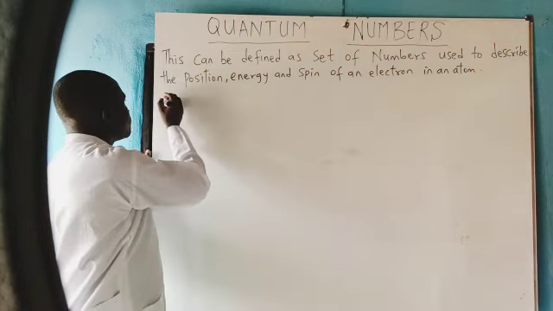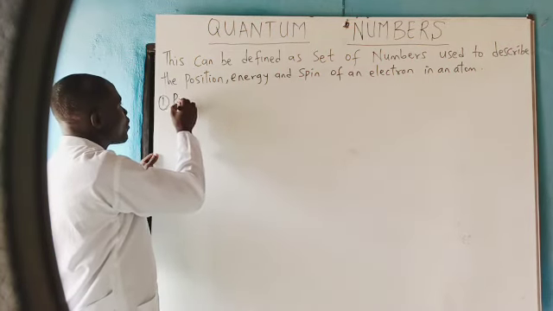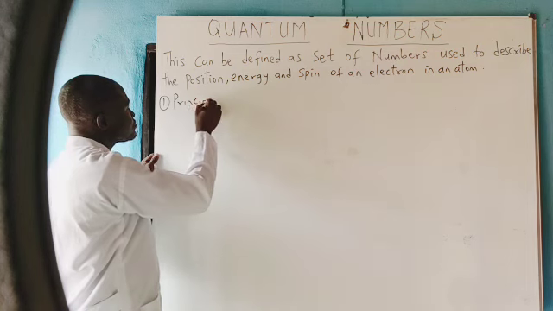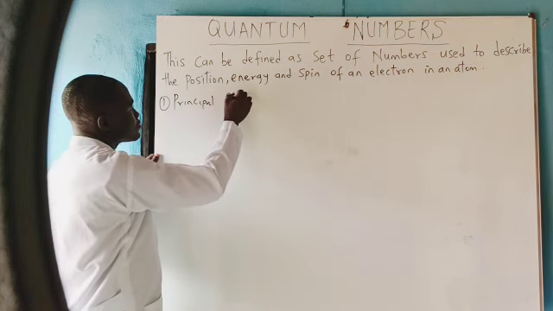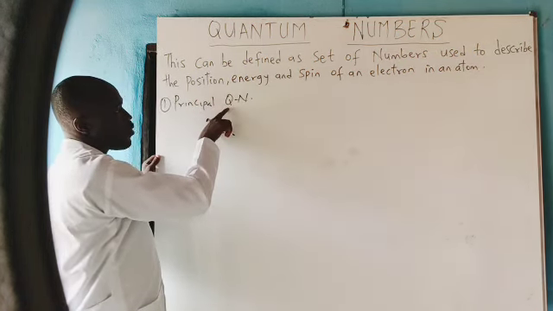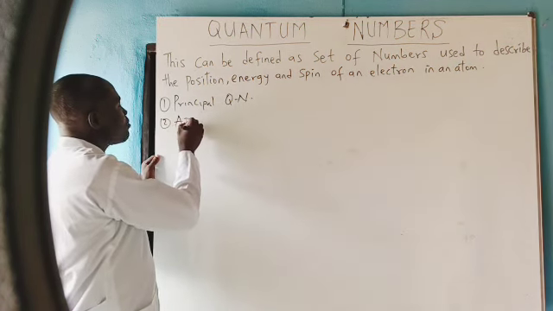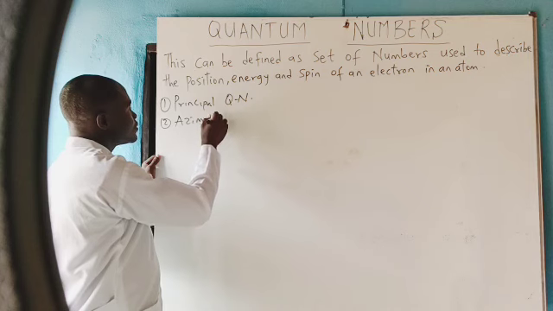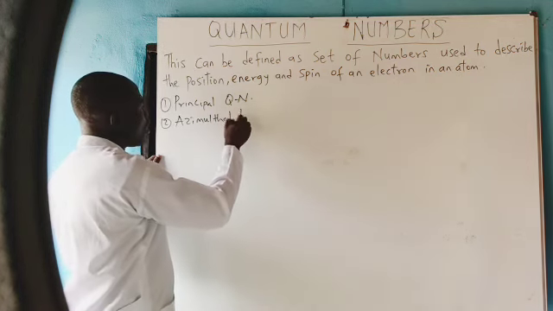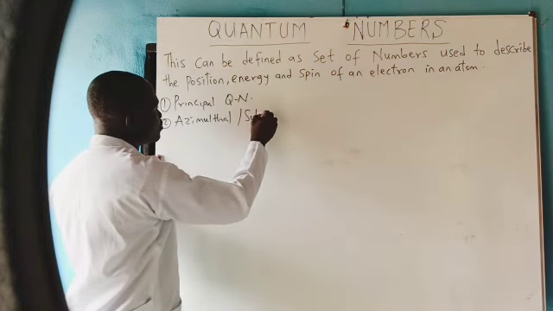Let's write it down. One, principal quantum number. Q means quantum, N means number. Two, azimuthal or subsidiary quantum number.